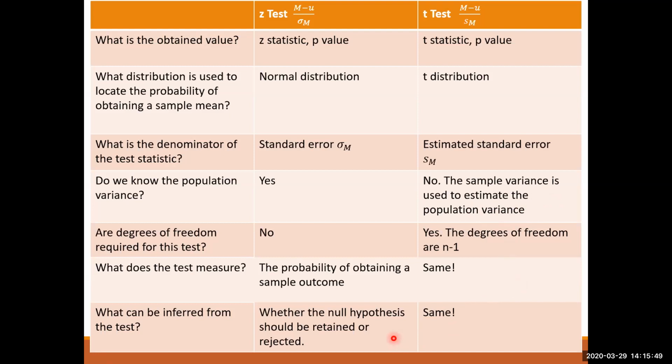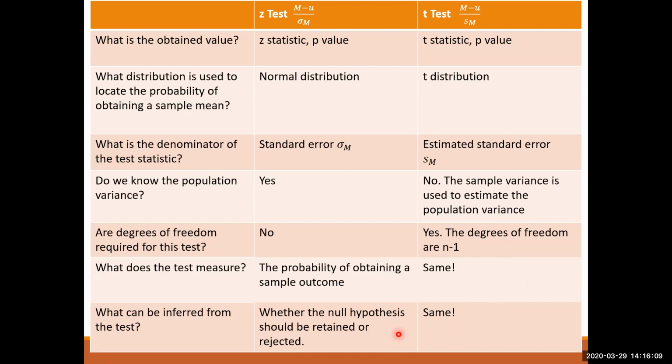And one little note here. When we originally talked about hypothesis tests, we talked about using fail to reject the null hypothesis. I like that way of talking about it.